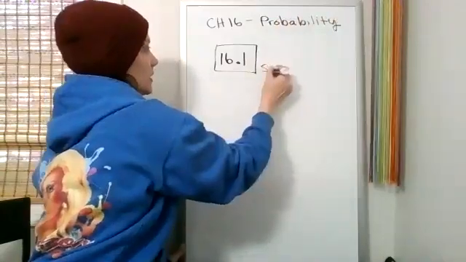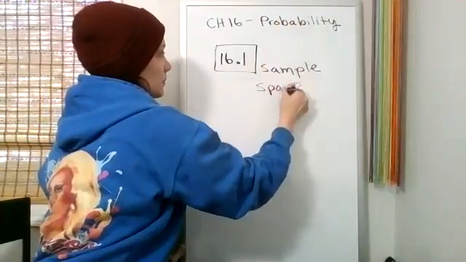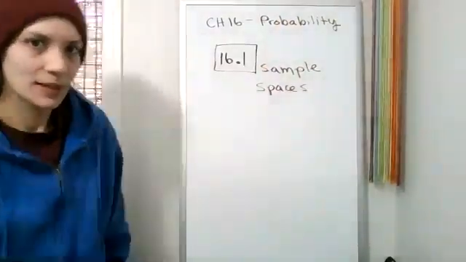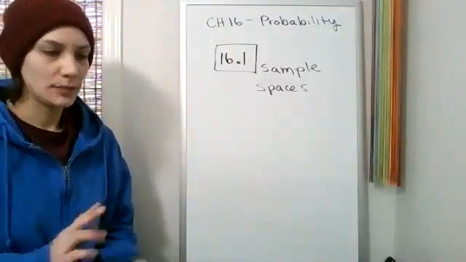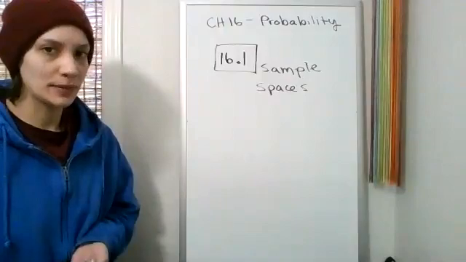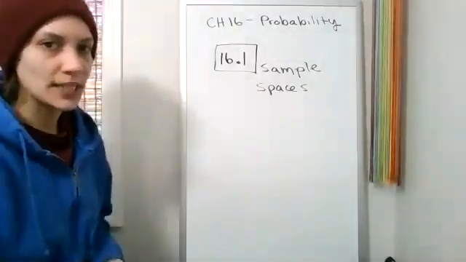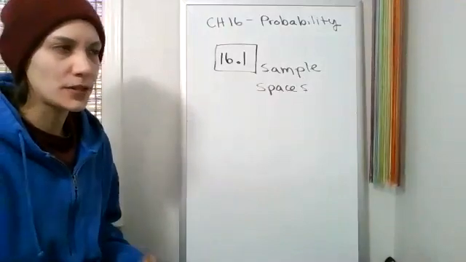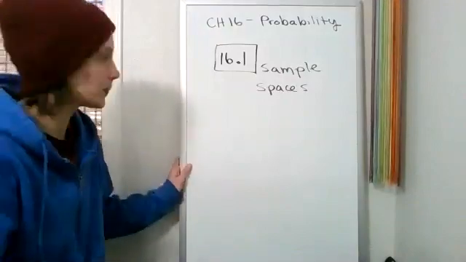It's going to be sample space. So a place to start is talking about an experiment. An experiment is any process or activity in which the results are uncertain, so in which the results cannot be predicted ahead of time.